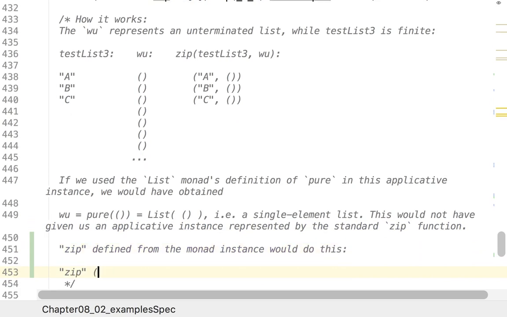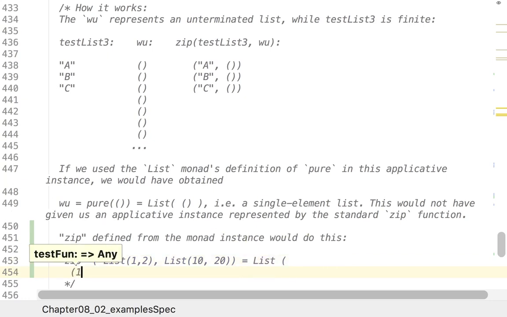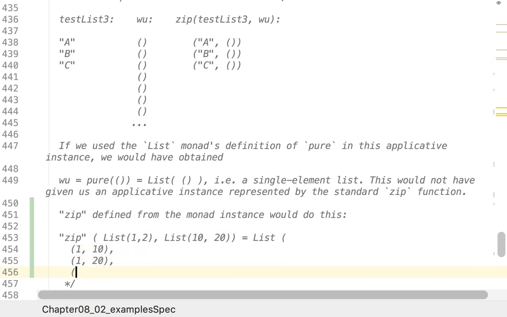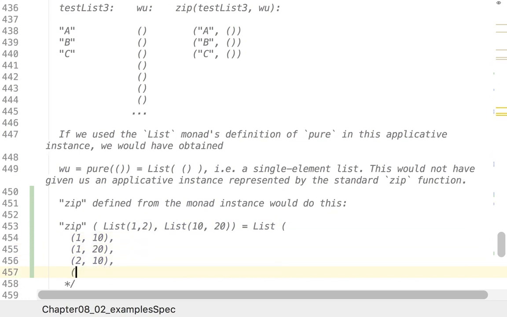So, for example, zip of list of 1, 2 and list of 10, 20 would be a list of 110, 120, 210, 220.